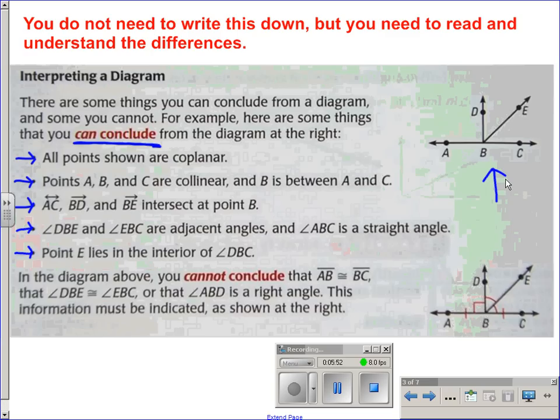The big mistake is, from this given picture, trying to come up with this stuff. The stuff in that bottom picture, you cannot say is true from the given picture up here. So again, just read through it and see what it has to say. You don't have to copy it down.